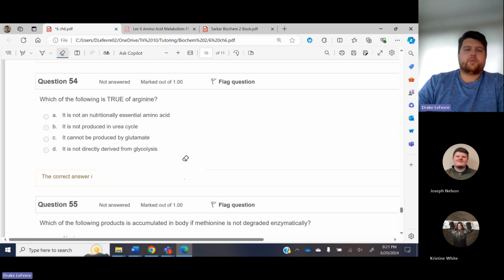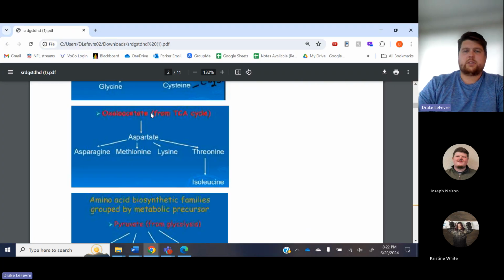Which of the following is true of arginine? This is again knowing, does it come from the TCA cycle? Does it come from glycolysis, etc.? In this case, arginine is not directly derived from glycolysis because arginine is from the TCA cycle.